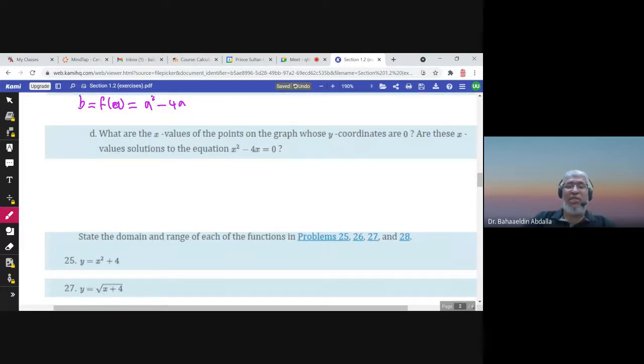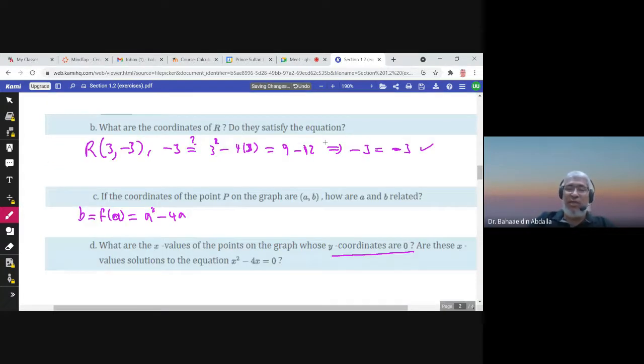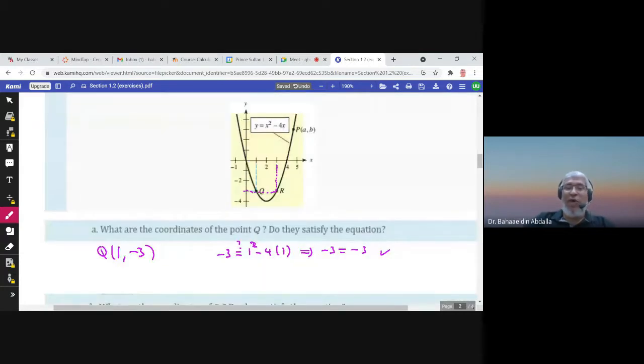What are the x values of the points on the graph whose y coordinates are 0? Okay, y coordinates are 0. Here y is 0. So we are looking at the points on this line, the x-axis. So at this point y is 0, and at this point y is 0.